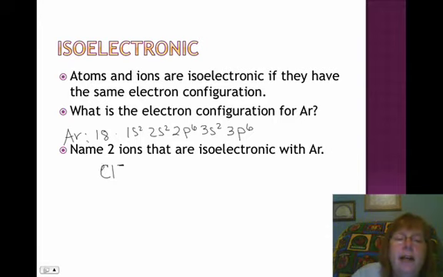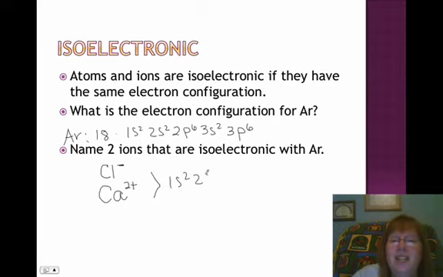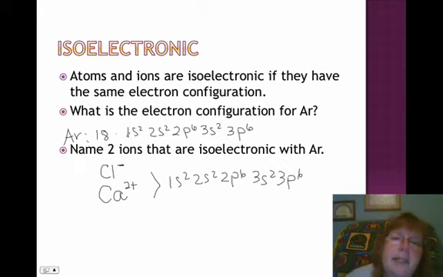So this chloride ion and argon are isoelectronic. They have the same electron configuration. Let's name another ion that's isoelectronic with argon. That was calcium that lost 2 electrons. So calcium +2 and chloride -1 both have this electron configuration. If you look back at your notes, they have the exact same electron configuration as argon. So argon, chloride, and calcium with a +2 are what we call an isoelectronic series. They all have the same electron configuration.